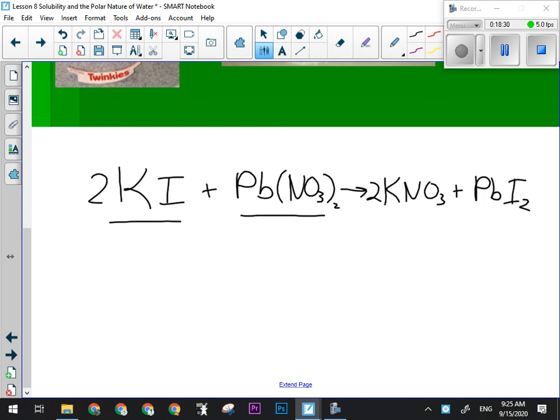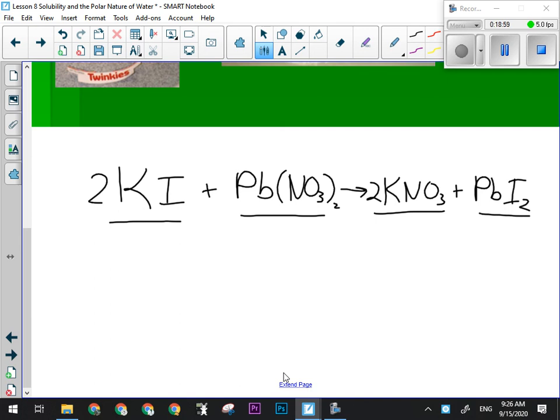Lead 2 nitrate is a fairly clear solution with a slight grayish tint to it. When I mix these two things together, I get a white solid, a lot of it, and a clear solution on top. Now, would it be important for me to know which one of these two compounds is the yellow precipitate and which one is the solution?